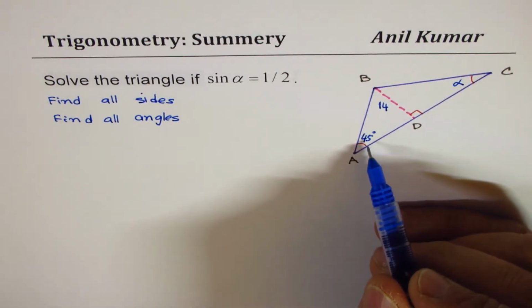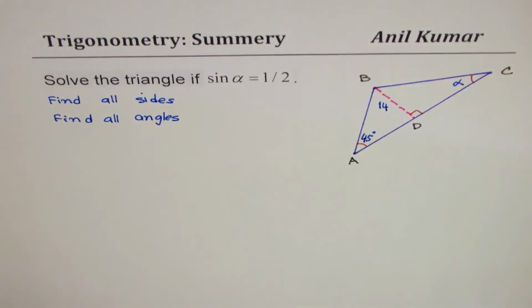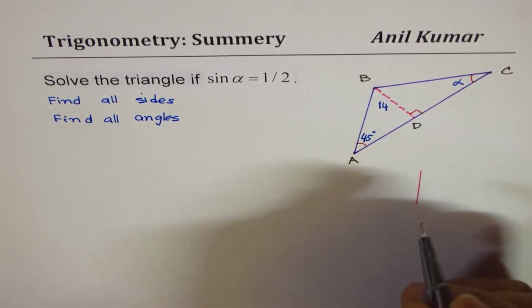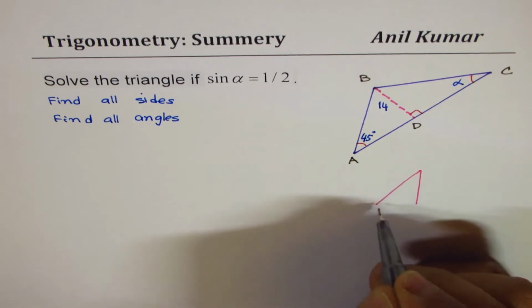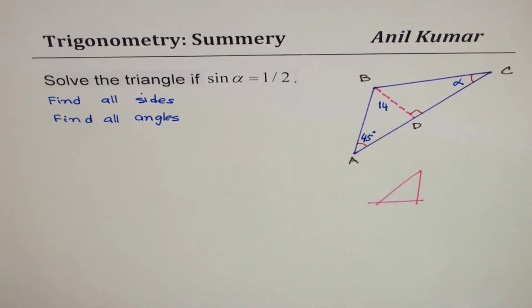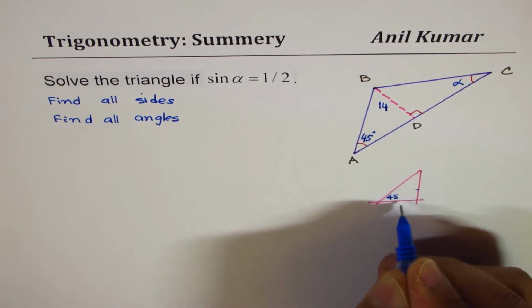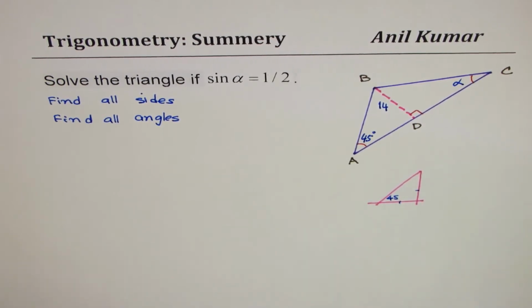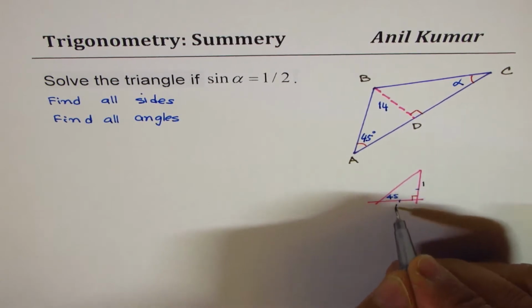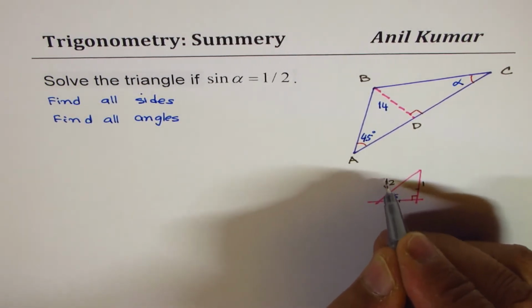Now, since one angle is given to us as 45, we'll also use a special triangle with 45 degrees. So just reminding you of that. If this is 45, that means we have two equal sides, correct? So we'll take those sides as 1 unit long. So we'll say these sides are 1, 1, and the hypotenuse is square root 2.